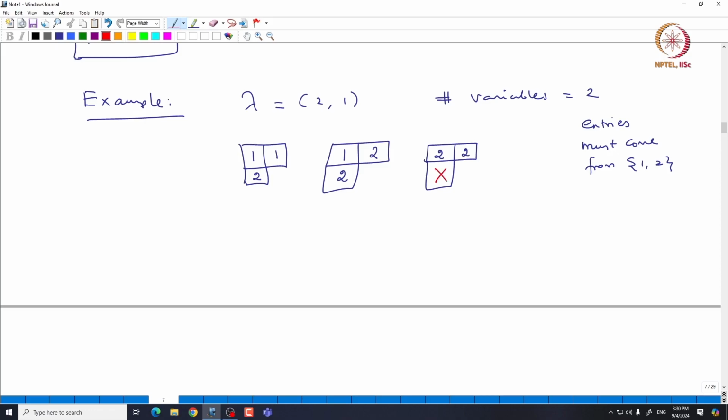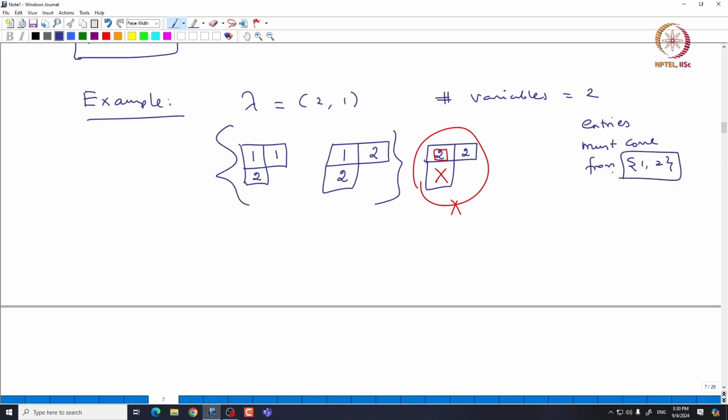Here you can easily see that we do not have any entry from 1, 2 that can be filled in this box. So, that means this is actually not valid. So, there is no semi-standard Young tableau starting with this 2 in the first box. So, that tells you that only these 2 are actually possible in this case.